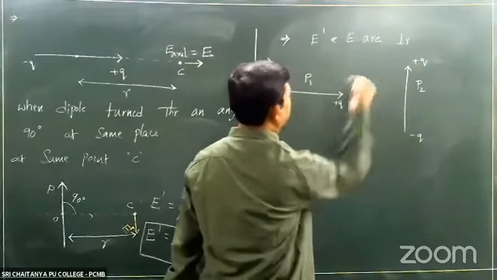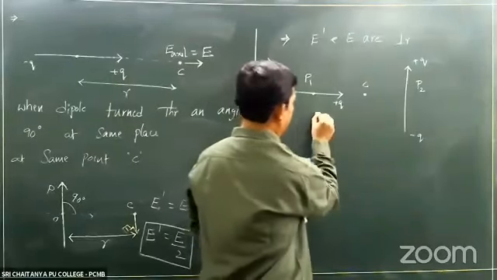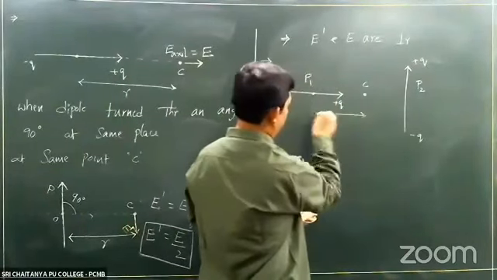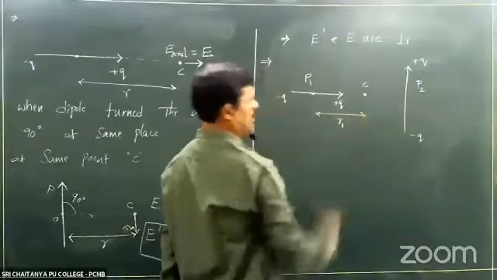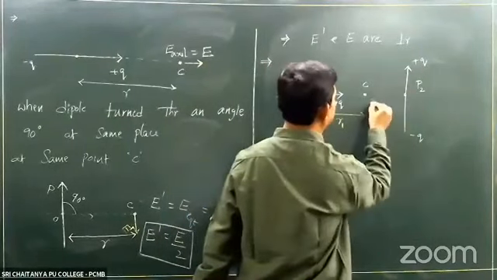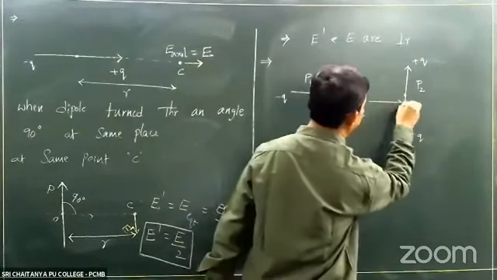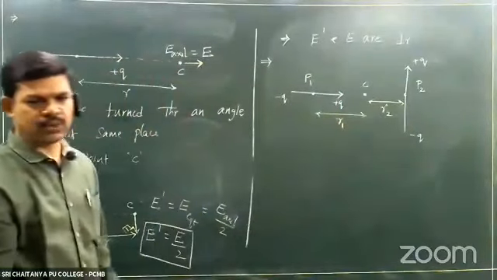The point C is at a distance R1 from the center of the first dipole, and at a distance R2 from the center of the second.